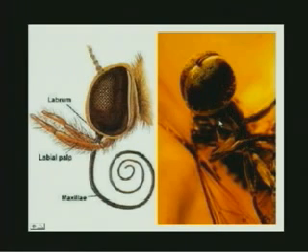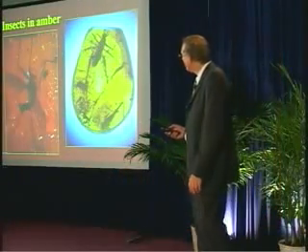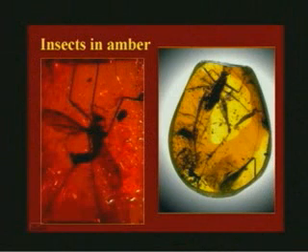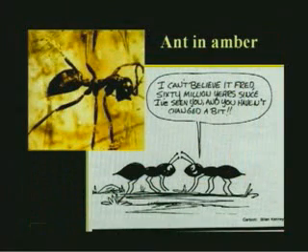This is in amber. This is a fossil. Perfect. No change. Here's another insect in amber. They're unchanged. Here's a cricket in amber. Unchanged. There is no evidence out there for any change. There's an ant. No wonder this ant is saying to this ant, I can't believe it, Fred. 60 million years since I've seen you, and you haven't changed a bit.